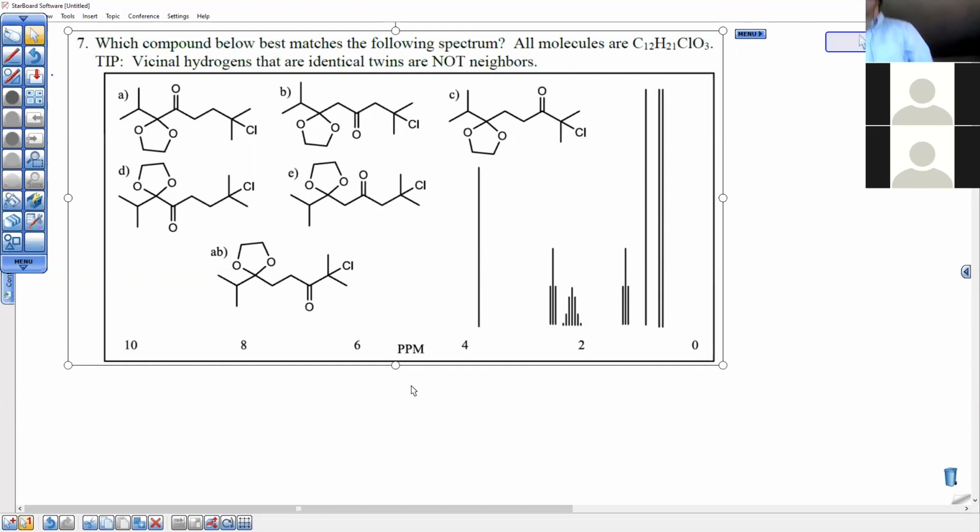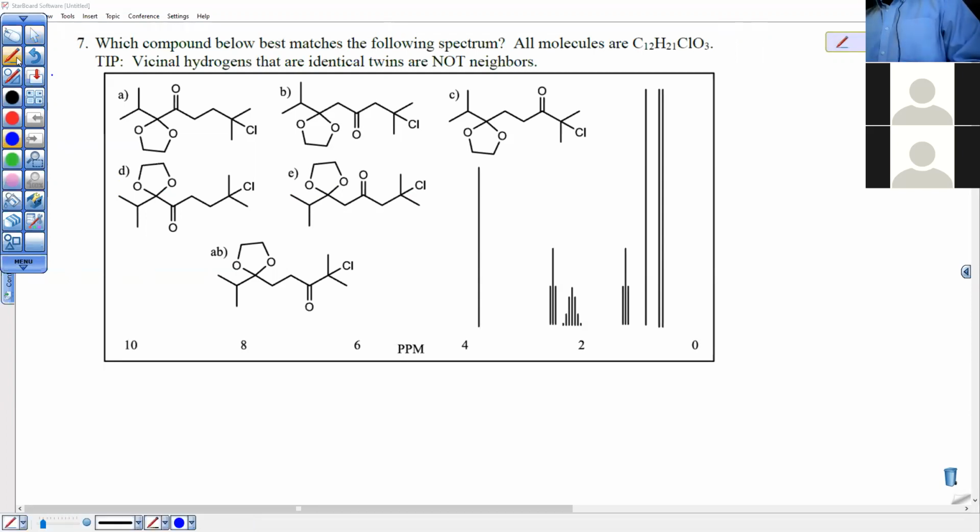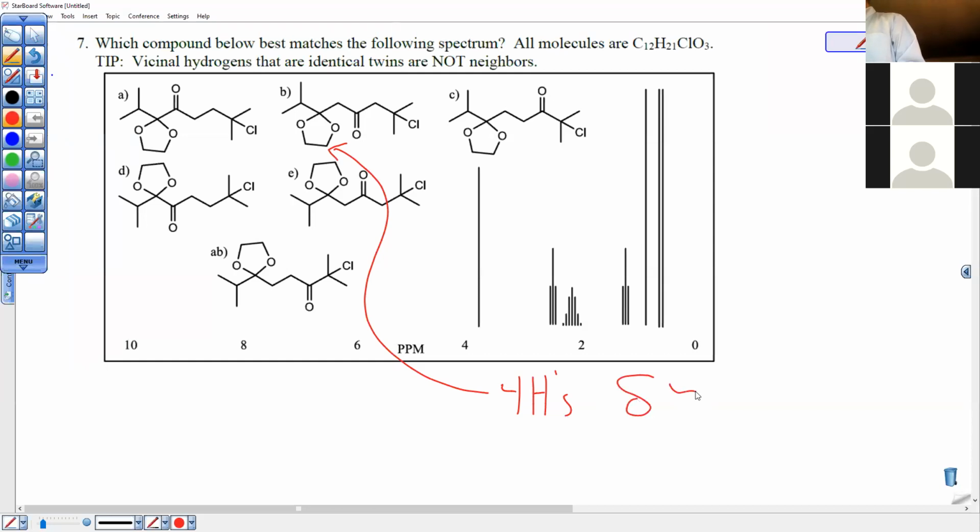I have a good question for you. Maybe it hasn't been discussed verbally, but right here, we have 4 H's that should be delta roughly 3.8. They're in this category here, CH2OR prime. My question for you is, why are they a singlet?